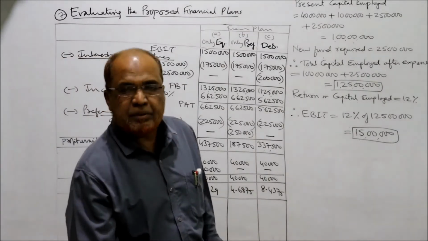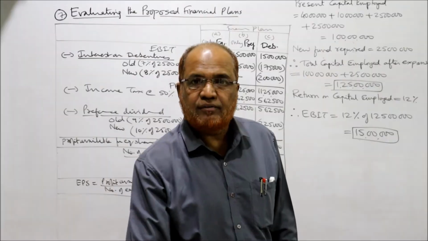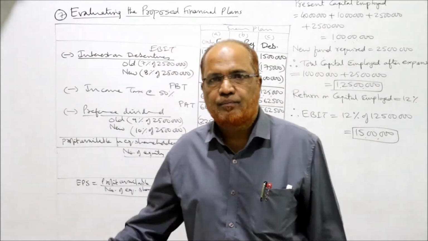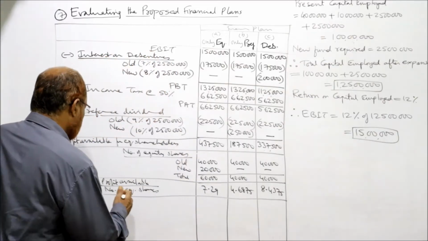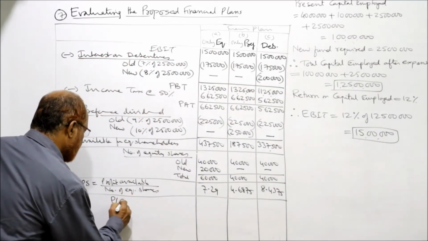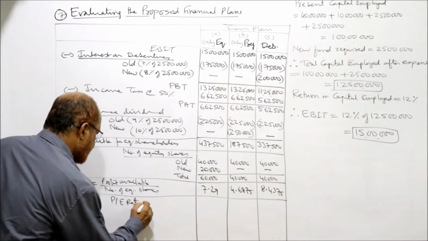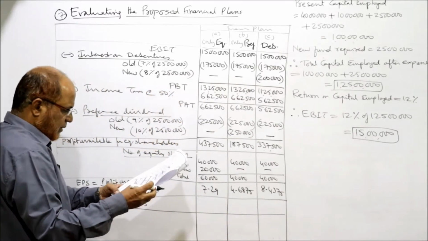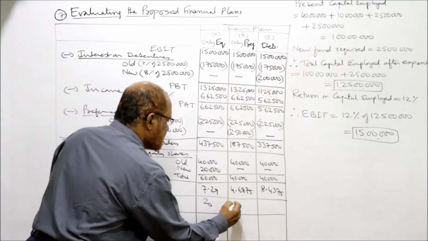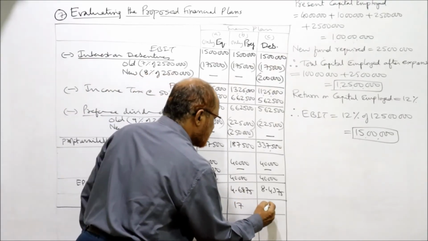If the problem did not give the PE ratio, we would have given the decision on the basis of EPS. But in this problem, PE ratios are given, so we write them down: 20, 17 and 16.